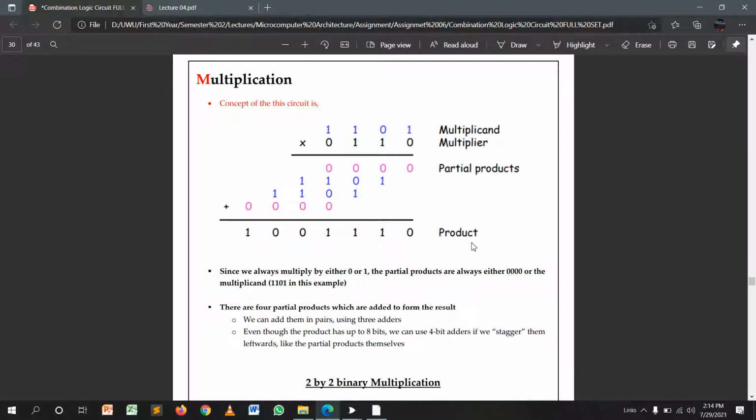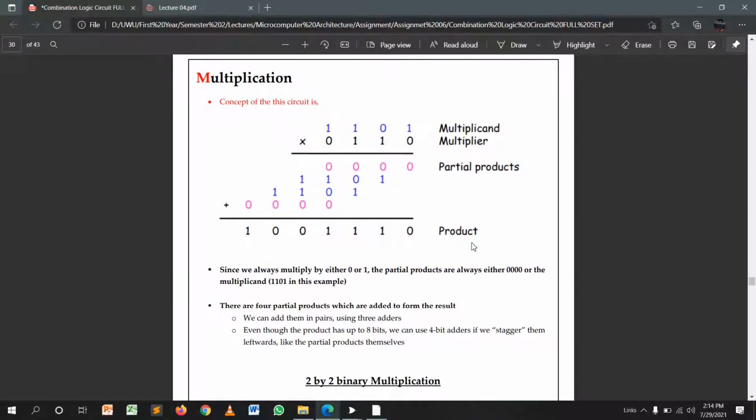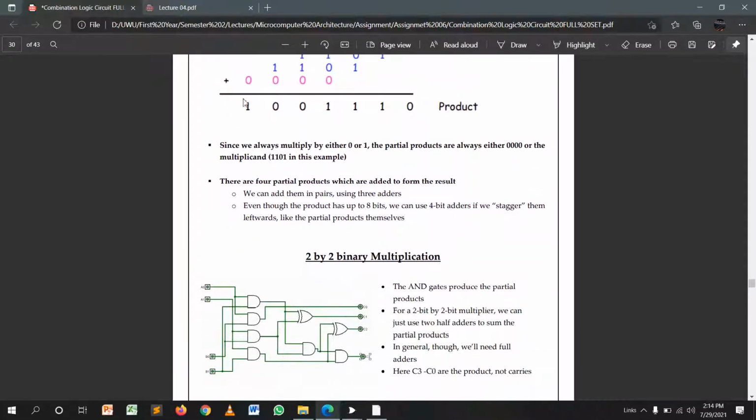Multiplication is also here. We can multiply two values using circuits. This is the circuit concept, using this type of multiplication of two values, with partial products and the product.